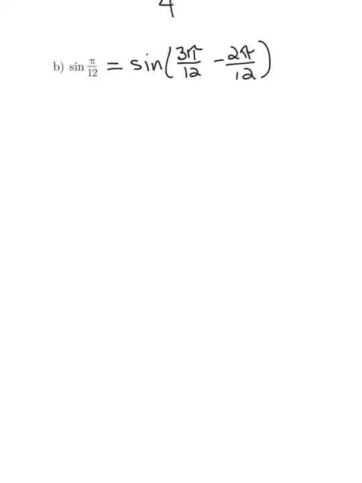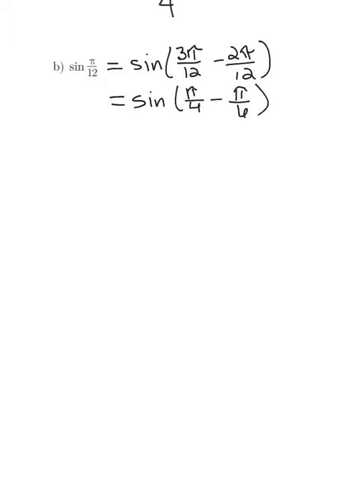There are lots of other ways that you could do this. This is just the first one that I thought of. Well, if I simplify that into numbers that are actually on my unit circle, I'm going to have pi over 4 minus pi over 6.